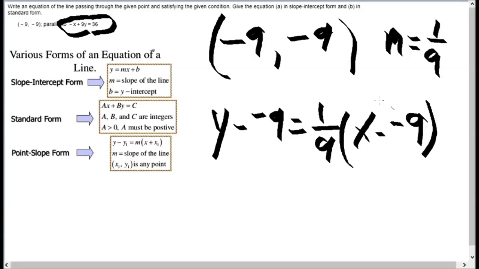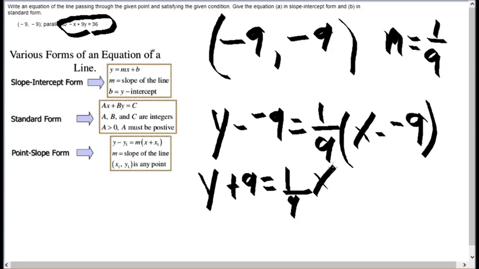Now in this case, they're both -9s, and notice that both of these create the double negative. You could have written y + 9, but I just wanted to show you why it is that way. So we can clean this up a little bit. We have y + 9 = 1/9 x, and then 1/9 times 9 is, well, that's plus 1.